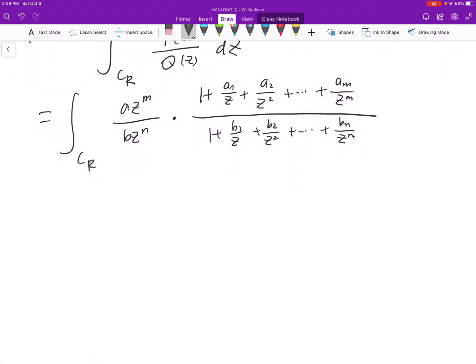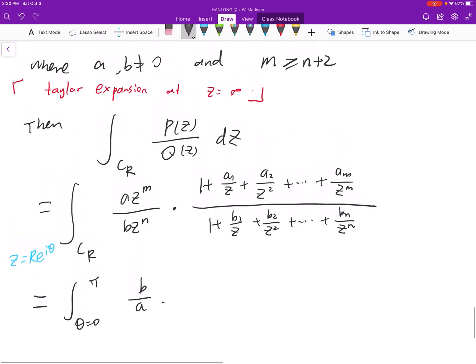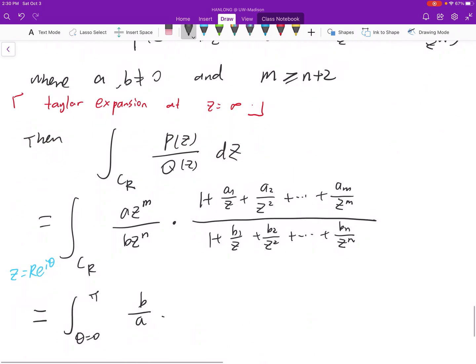Then let's parameterize it: z equals r e^{i theta}. So the integral is from 0 to pi because of the orientation. And then inside you have b over a times, oh sorry, my bad.